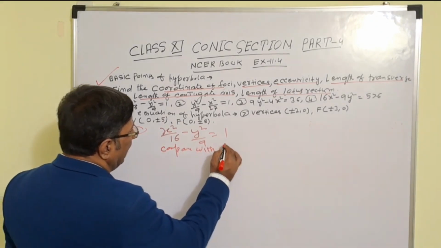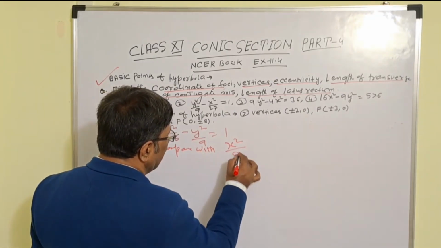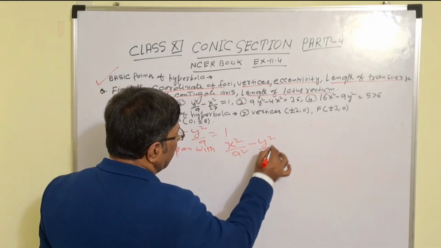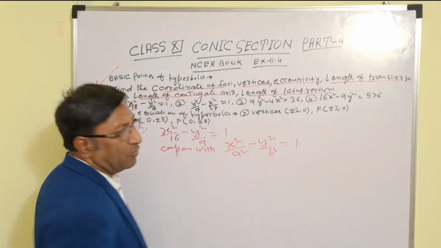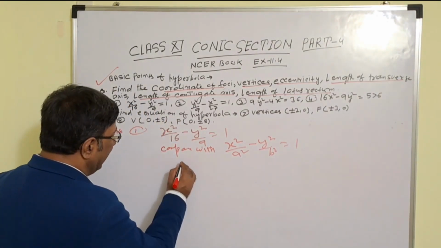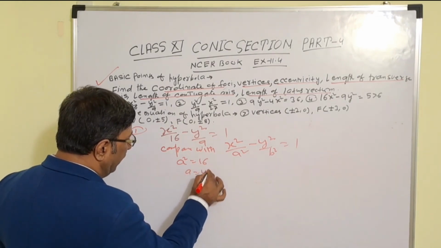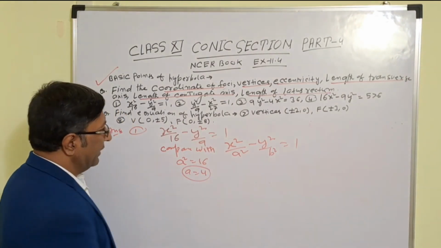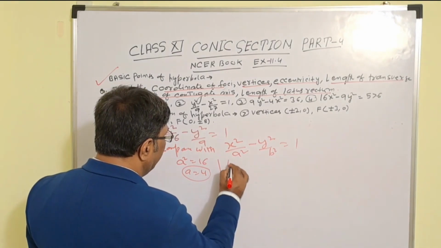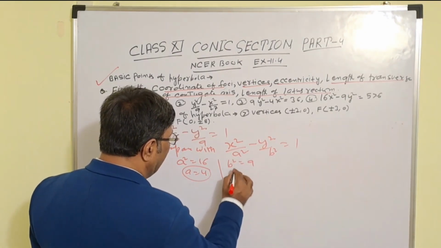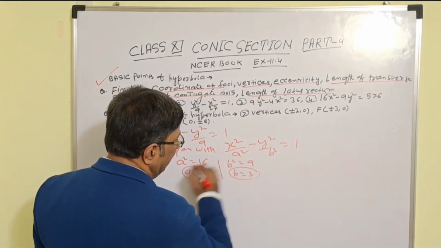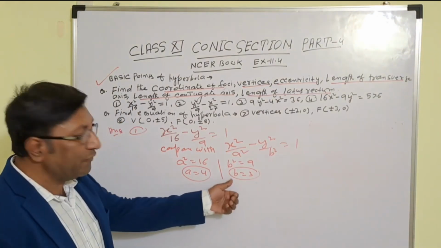Compare with x square by a square minus y square by b square equal to 1. Then you will get a square equal to 16, so a is 4, we are taking the positive sign. In the same way, b square equal to 9, so b equal to 3. So we have a and we have b.